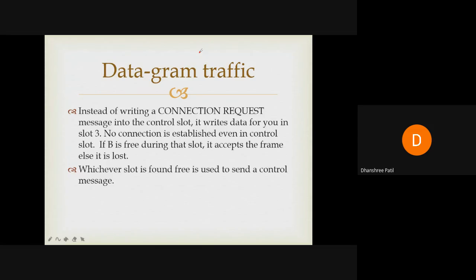If you don't want to give the answer, you can write in the chat box also. What is a bridge used for? Yes, bridge means what?